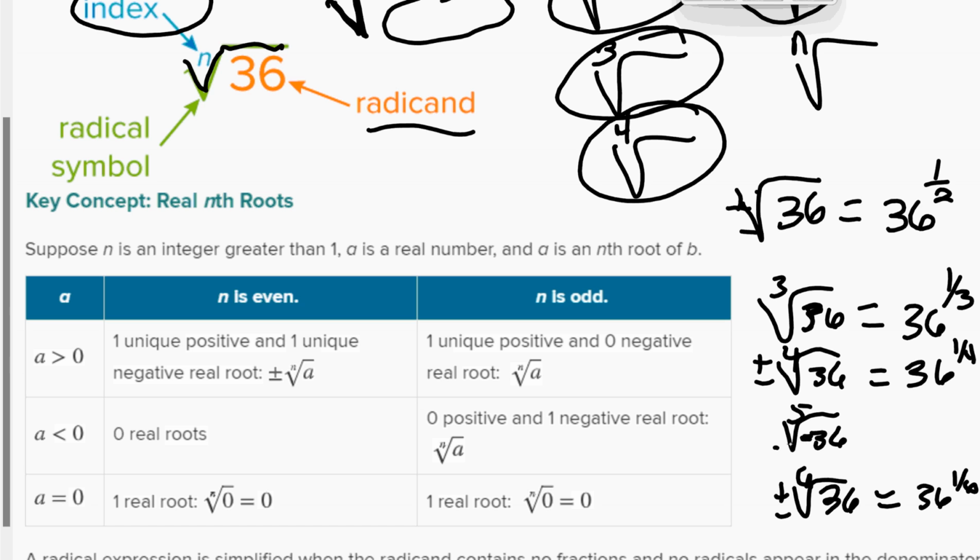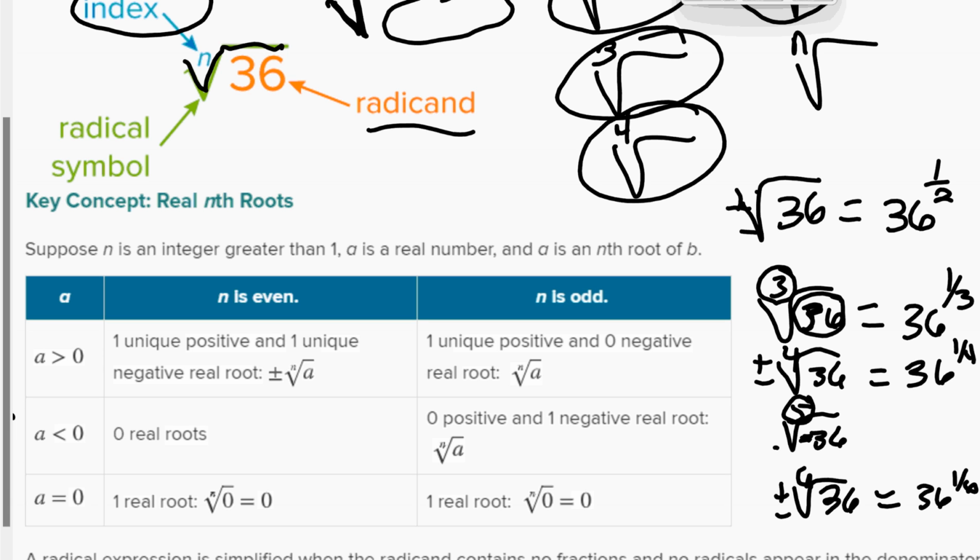If I have any odd root, say the fifth root of negative 36, then my answer will be negative. Whatever the sign of the radicand is on any odd root or index, the answer will be that sign, positive or negative.